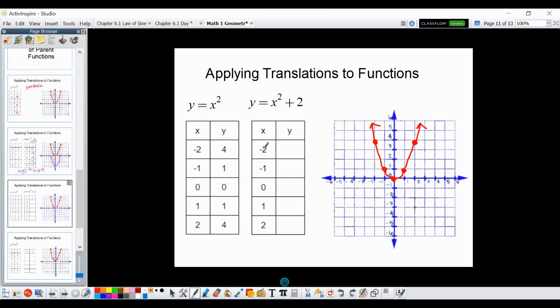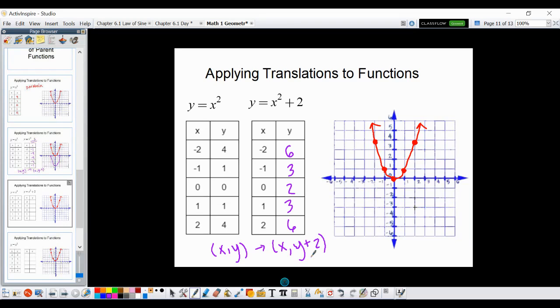All right, so plug these values into the equation and you should get 6, 3, 2, 3, 6. Well, if you compare the old y coordinates to the new y coordinates, it looks like the rule for it is that the y values are just added by 2.